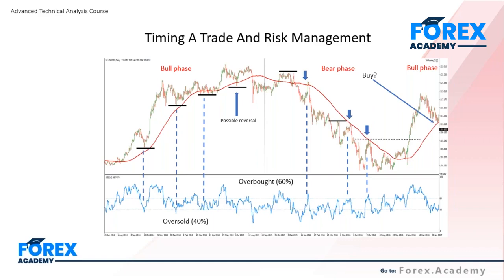And once we've identified that market condition, that then provides us with the cue as to what trading signals we will be looking at. Then we can focus our attention on the momentum oscillator and look at establishing either buying or selling opportunities based on the direction that we perceive the trend to be moving in.